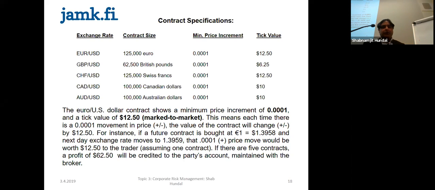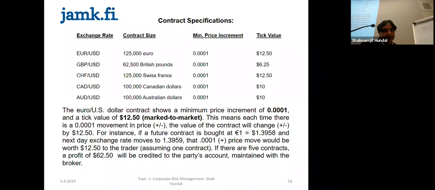Well, the example is here already. Let's say you are in New York and euro 1 is equal to dollar 1.3958. And you have how many contracts?